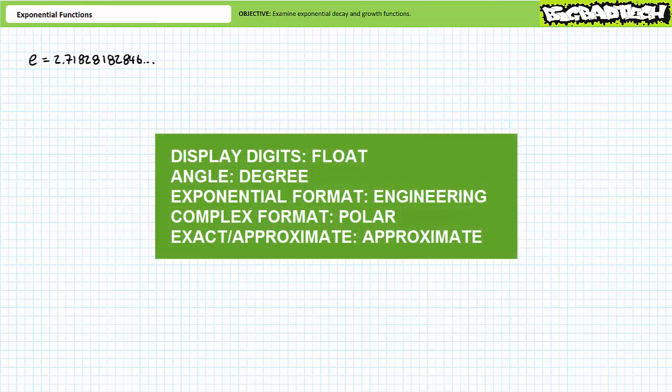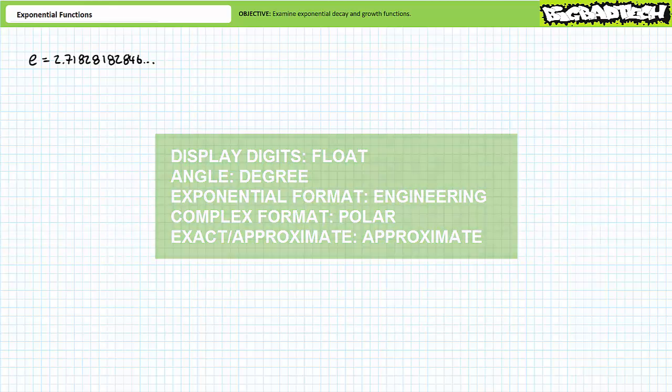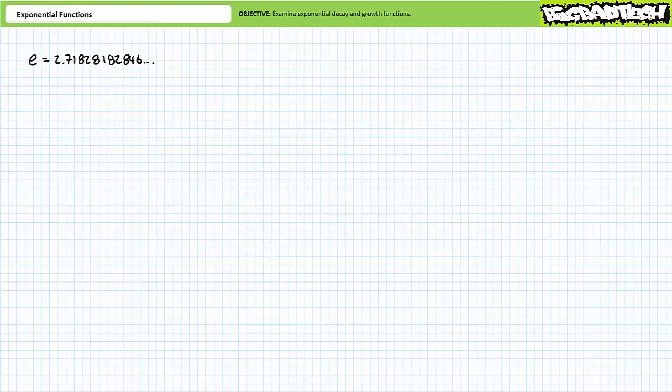Display digits: float. Angle: degree. Exponential format: engineering. Complex format: polar. Exact/approximate: approximate. If you're displaying different answers than I am, chances are you are doing it wrong or your calculator is set up incorrectly. Now that we all know how to find e to the desired decimal place, let's review negative exponentiation.